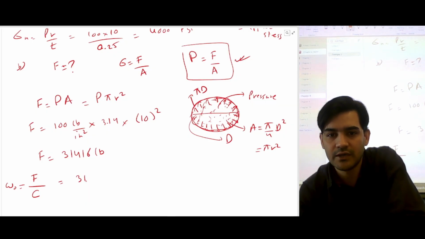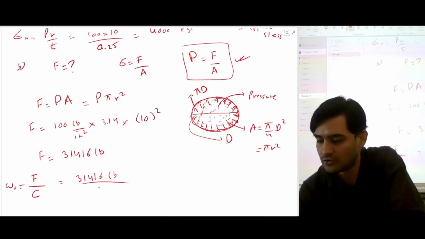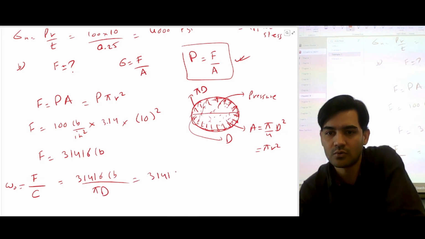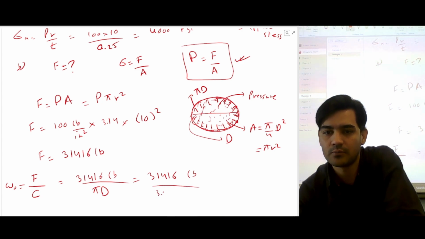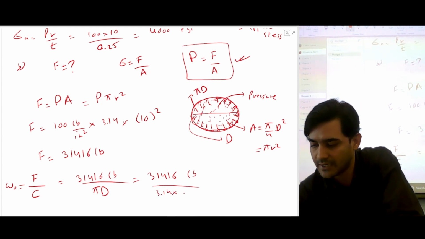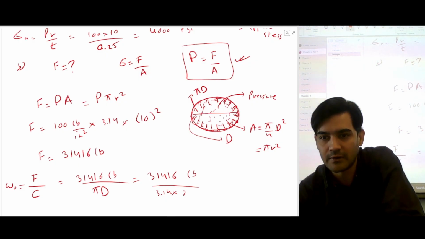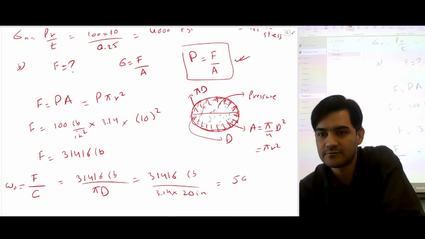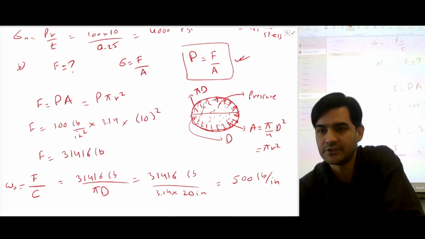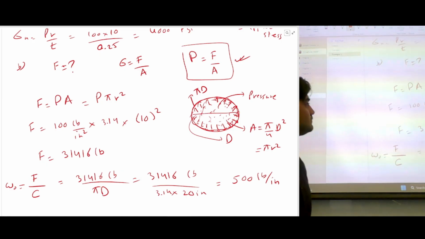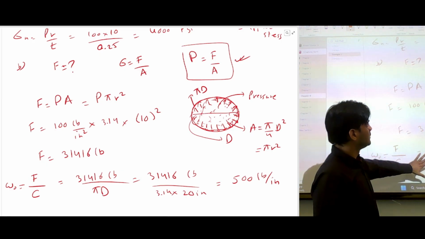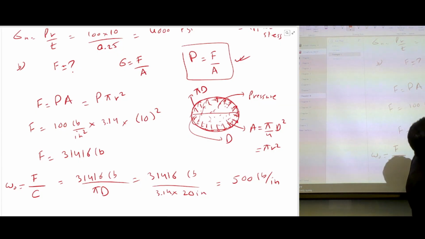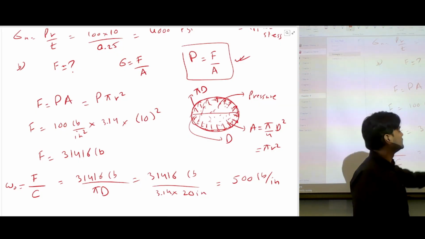So the force is 31416 pounds over the circumference, pi d. 31416 pound over 3.14 times d, and the diameter is 20 inches. So the final answer is 500 pound per inch. You just have to figure out why we have used pi r square and why we have used pi d here.